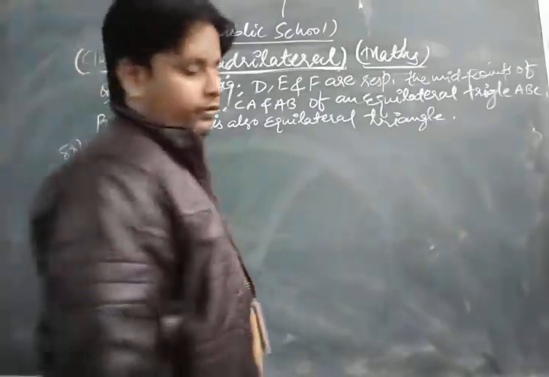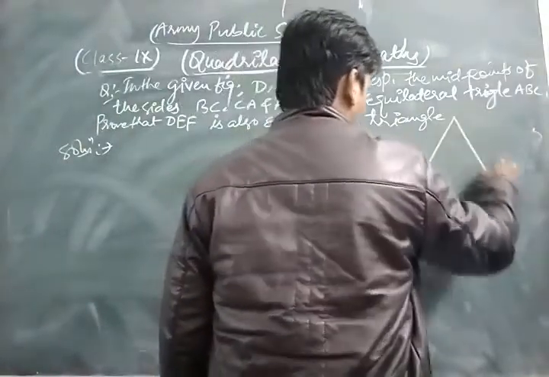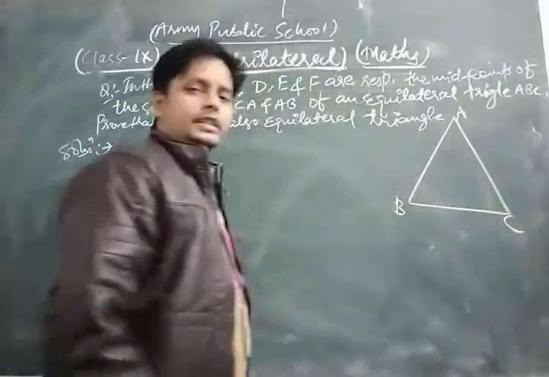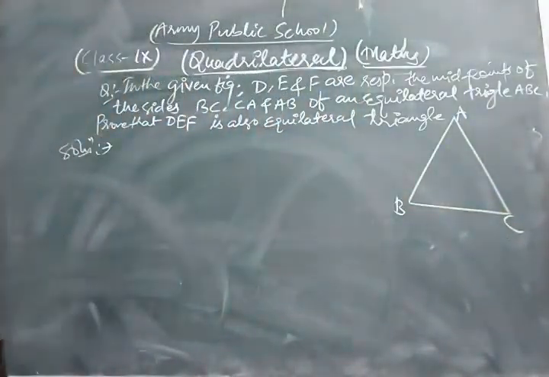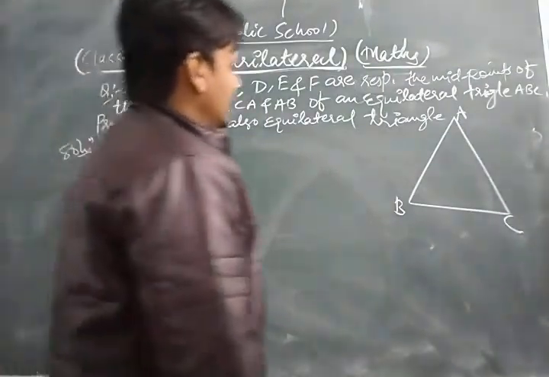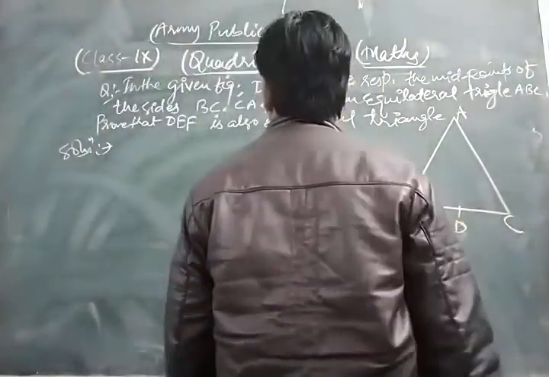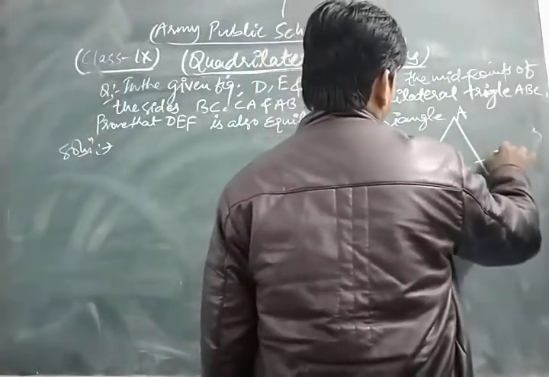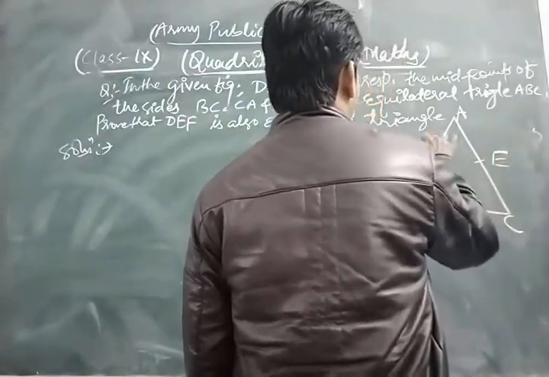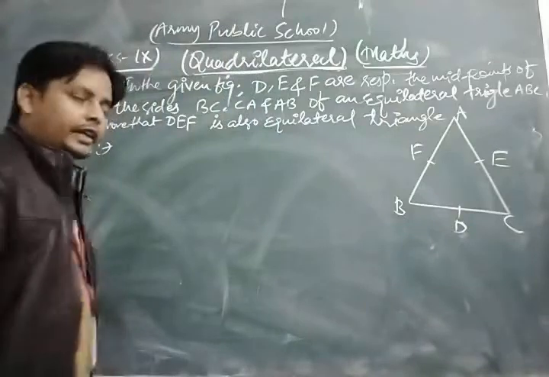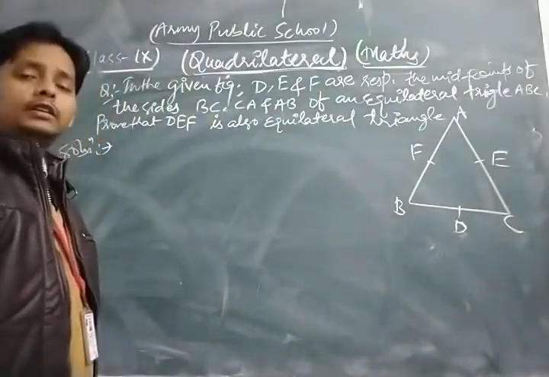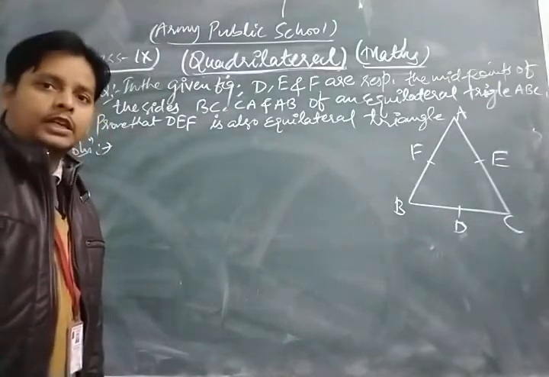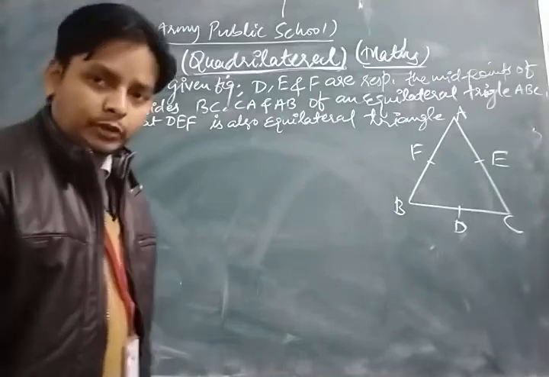Dear students, first of all look at the figure ABC. ABC is an equilateral triangle according to the question, and D is the midpoint of side BC, E is the midpoint of side CA, and F is the midpoint of side AB. DEF means we just join all the midpoints.